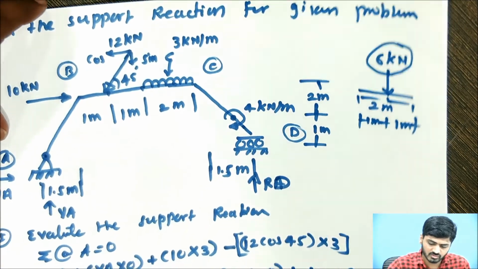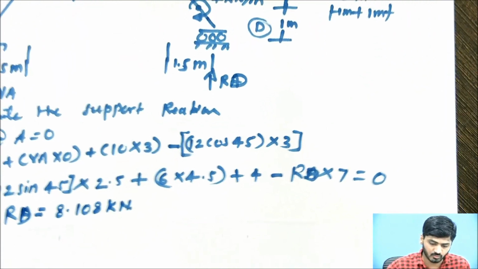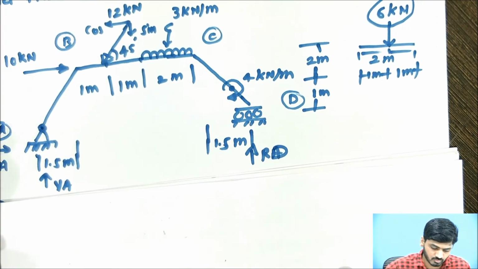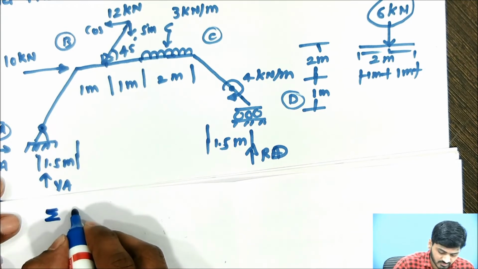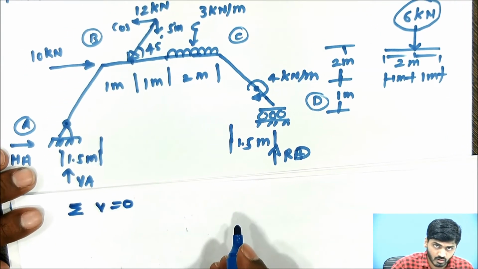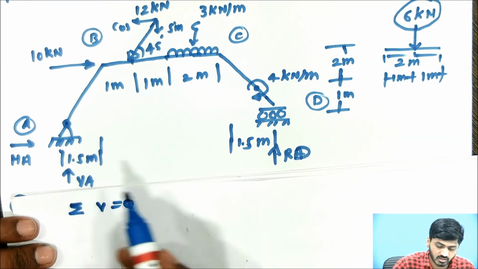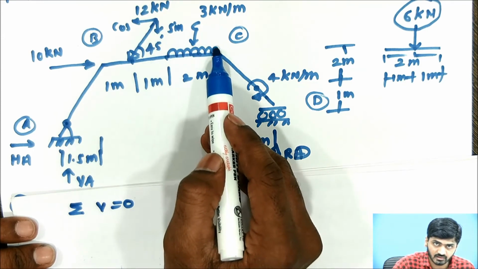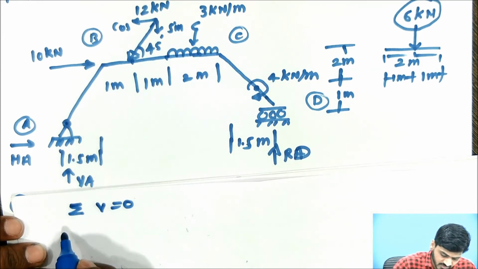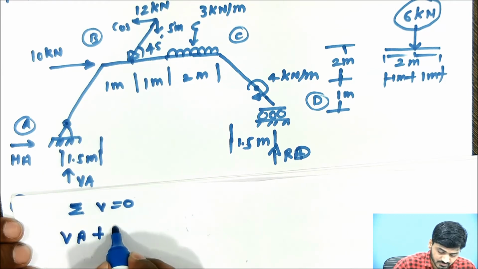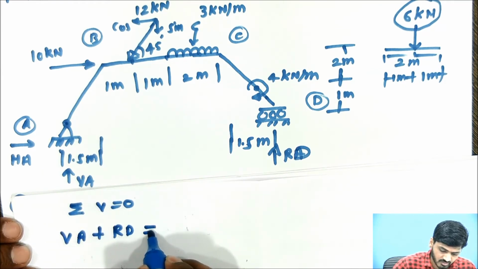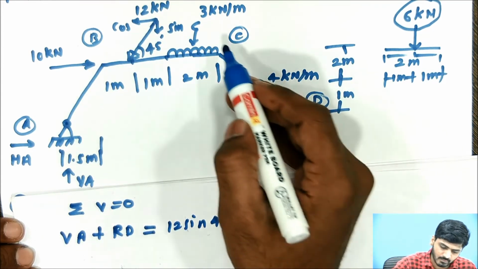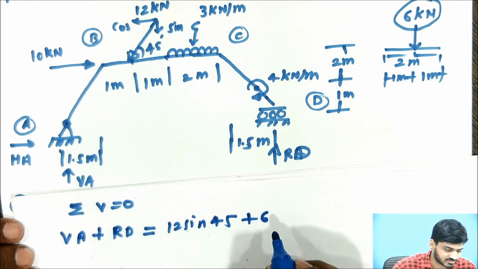Similarly, we are going to calculate the remaining unknowns. How can we calculate them? First, we consider summation V is equal to 0. How many vertical forces are present? One is VA, second is RD, third is 12 sine 45, and 6 kilonewton. Upward forces are positive, so VA plus RD is equal to 12 sine 45 plus 6.